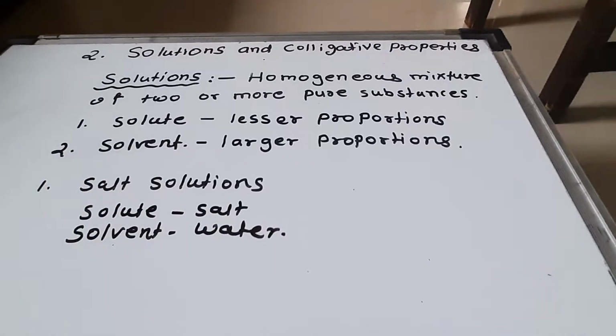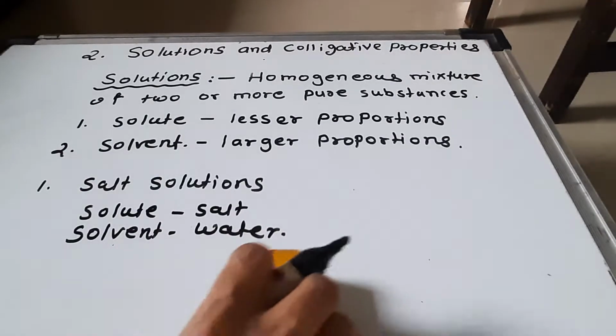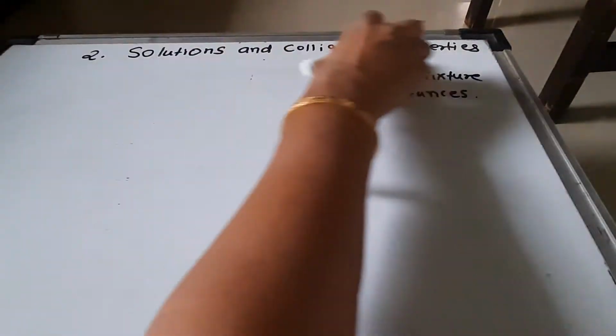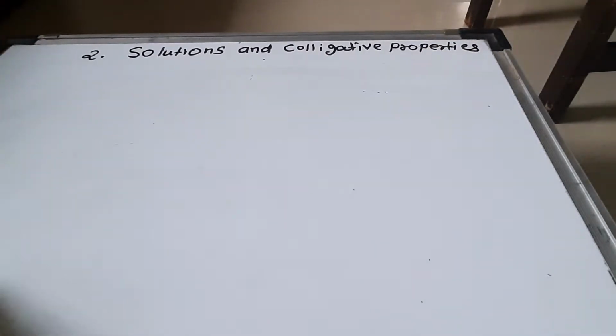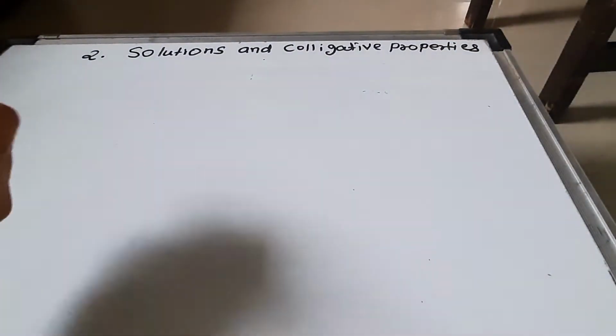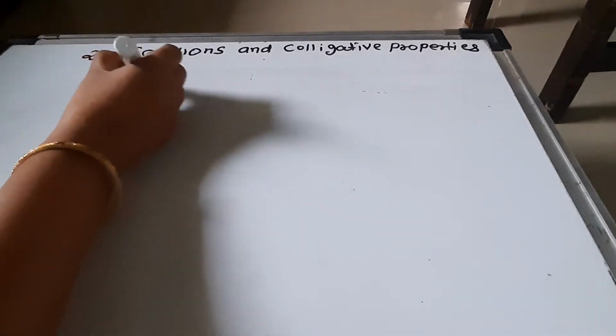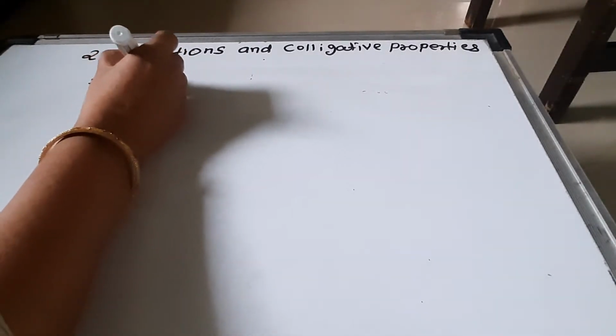Okay. Then in this chapter, according to the three states of matter, that is solid, liquid and gaseous state, solutions are of 9 types, and these are as follows. Look at this and make a table. Prepare 4 columns.